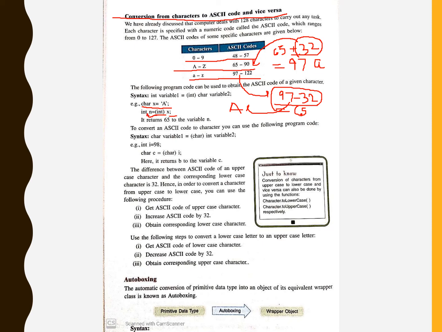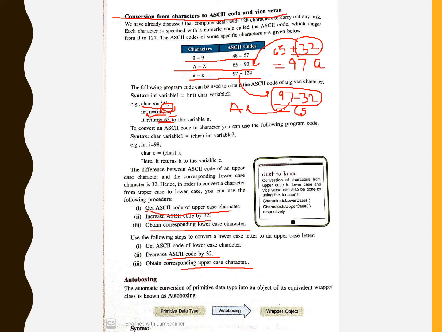It will give the ASCII code of capital A, which is 65. So here it is written: get the ASCII code of the uppercase character, increase the ASCII code by 32, and obtain the corresponding lowercase. Increase means plus 32. And if you subtract, that means decrease the code, and obtain the uppercase character.